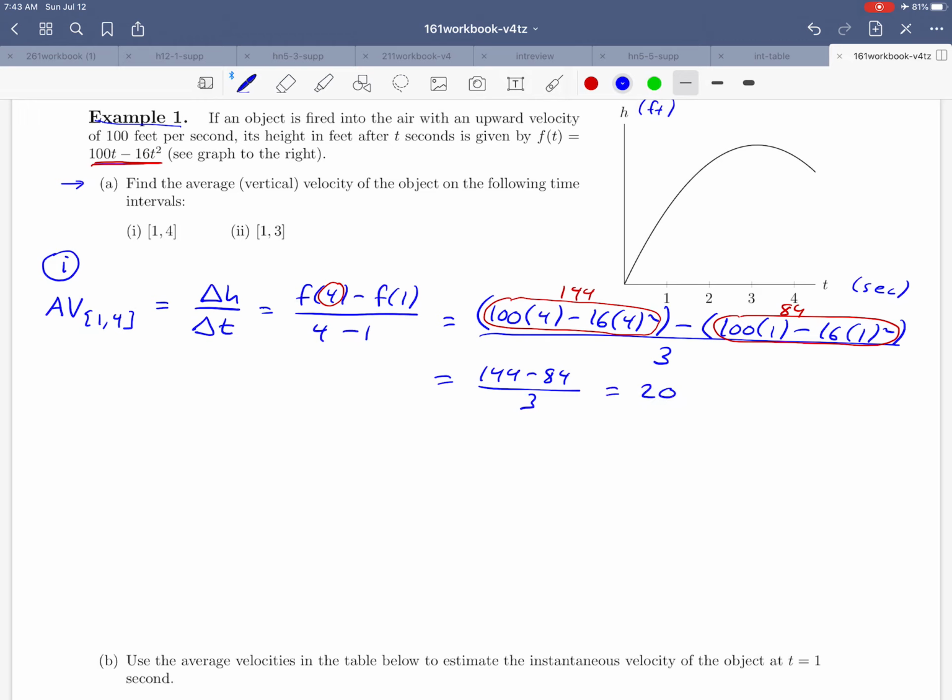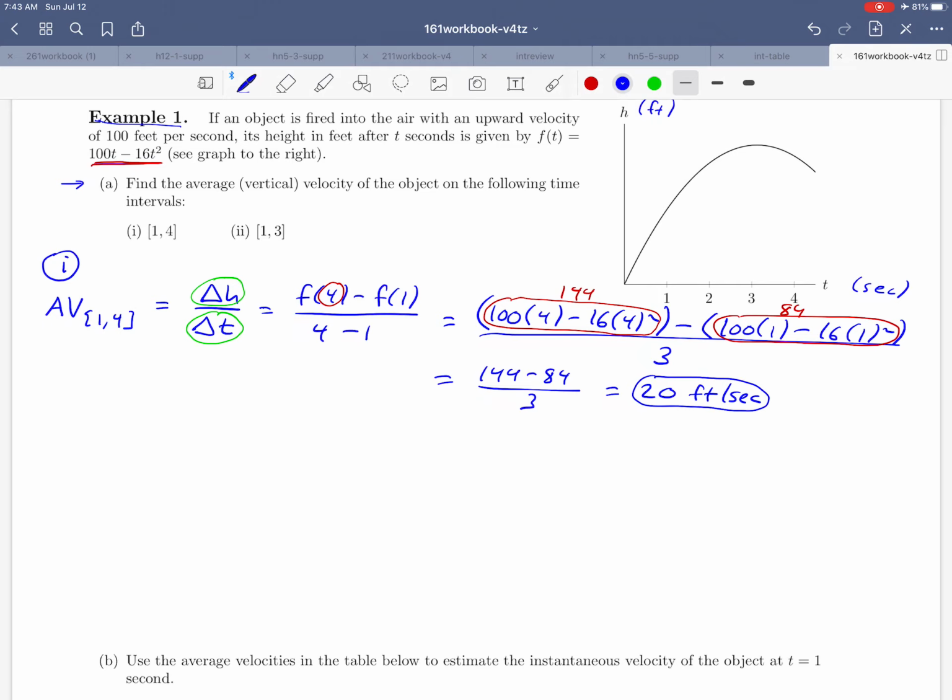What would the units on that answer be that we just calculated? Well, let's think about the units in our fraction here. Height is measured in feet, t is measured in seconds, so we should be getting units of feet per second. There's our average velocity between 1 and 4 seconds. Let's remind ourselves too what the graphical meaning of that is.